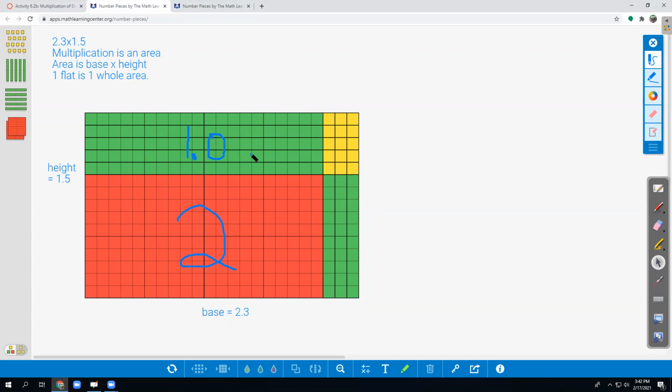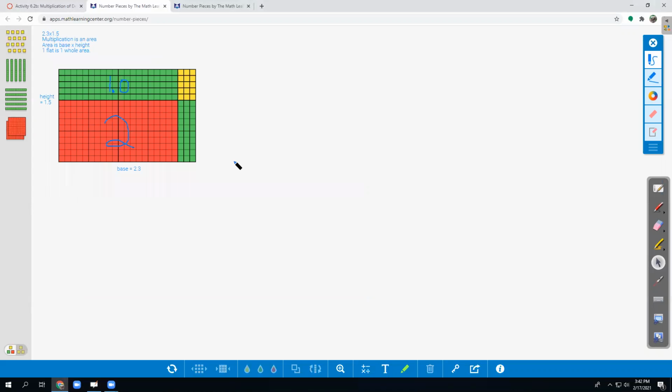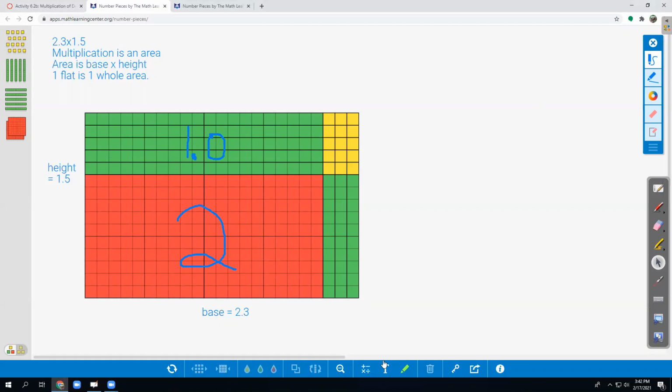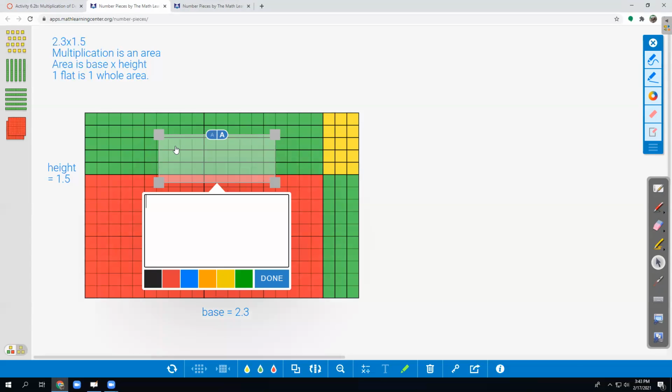And if you think that looks sketchy there, you could write out 10/10 instead. Ooh, whoa, how did I do that? All right, there we go. I guess I need to use the eraser. So if that was freaking you out, you could just type in there.